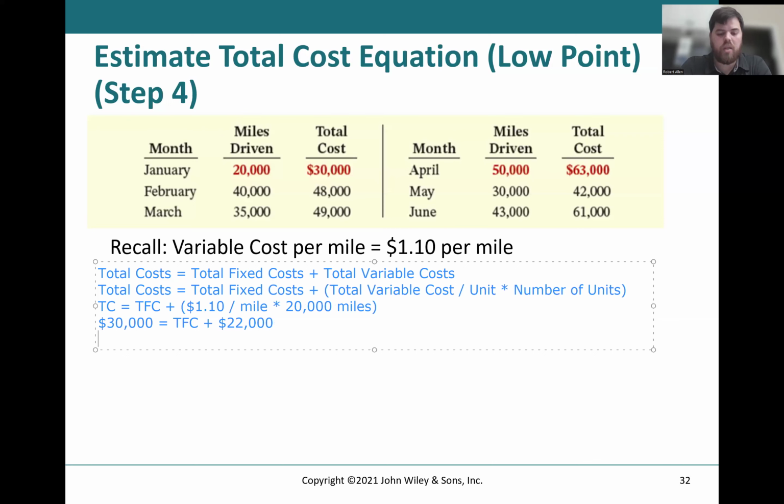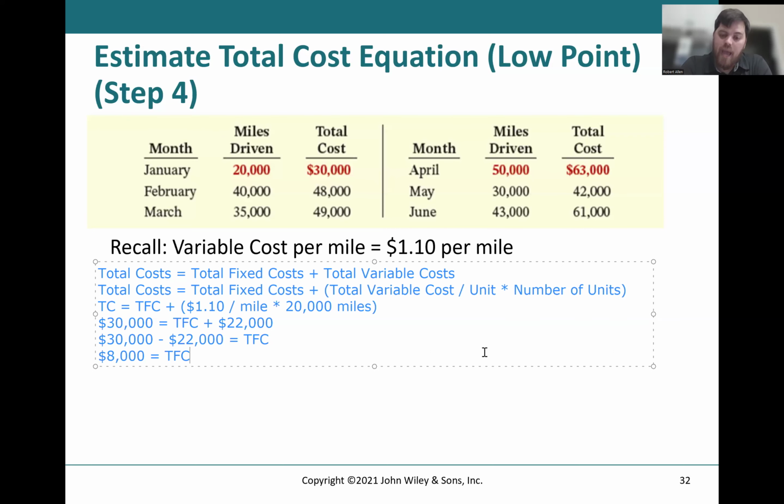Now I do 30,000 minus 22,000 equals total fixed cost, which means $8,000 is equal to my total fixed cost. And now what the power of this is I can take that information and write a total cost equation that looks like this in a more general form.